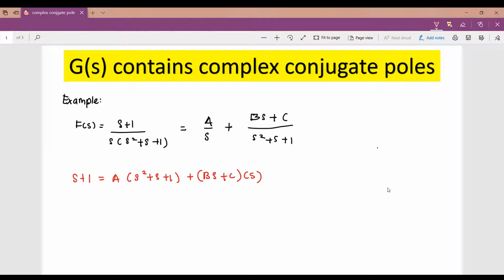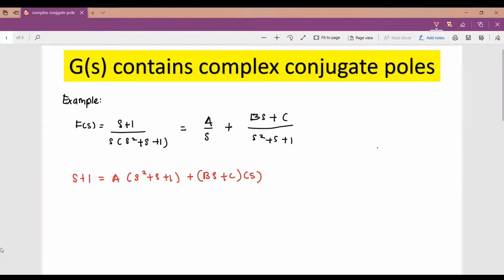Now, to find the values of A, B, and C, you have no choice but to use the compare coefficient method. In the compare coefficient method, you just copy the numerator only with a normalized denominator.